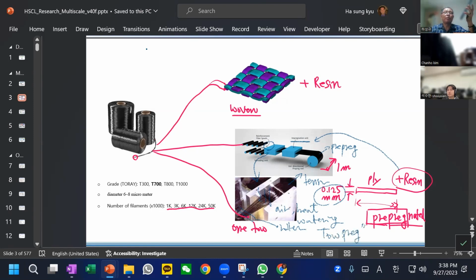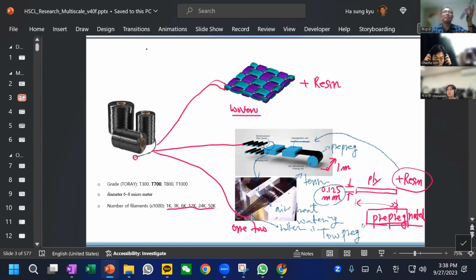Why do they call it toe preg? Toe means the one toe, and preg means prepreg. So resin is added to one toe. That's why you call it toe preg. So toe preg means one toe with a resin there. And prepreg is just multiple toe pregs spread, and then we have a resin there.